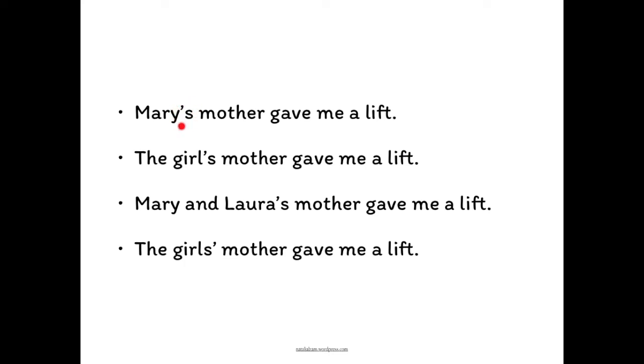When this apostrophe S refers to a single person, somehow the owner or the person it refers to is just one person, such as Mary or the girl, then you add this apostrophe S at the end of the name or at the end of the noun or the noun group, such as you can find in these examples here.